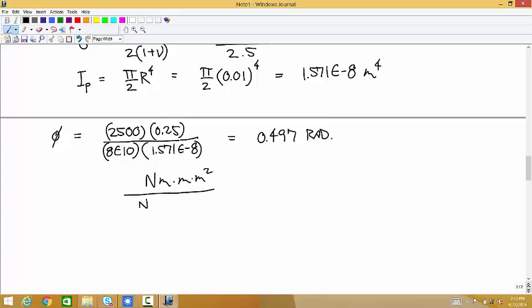And then this is meters to the 4th. And so the Newtons cancel, all the meters cancel, and you get a unitless thing, which in this case is radians.